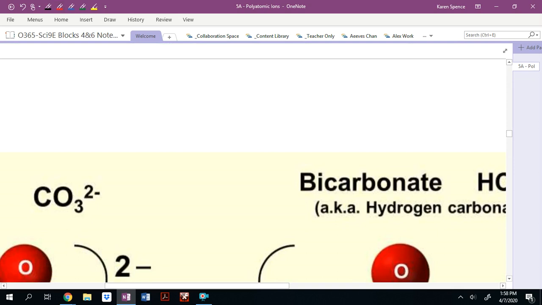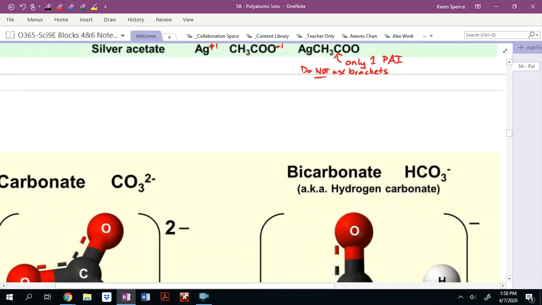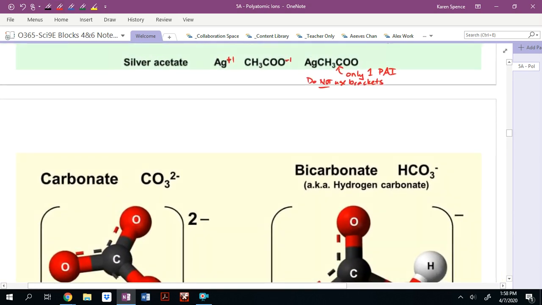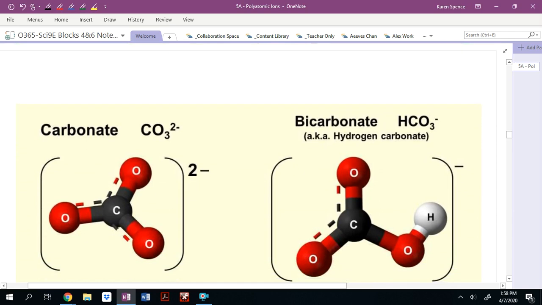Okay, next on our list is the carbonate and bicarbonate ions. And the reason that I wanted to put these ones in here is because you can make a relationship between a something or other -ate ion and a bi-something or other -ate ion.